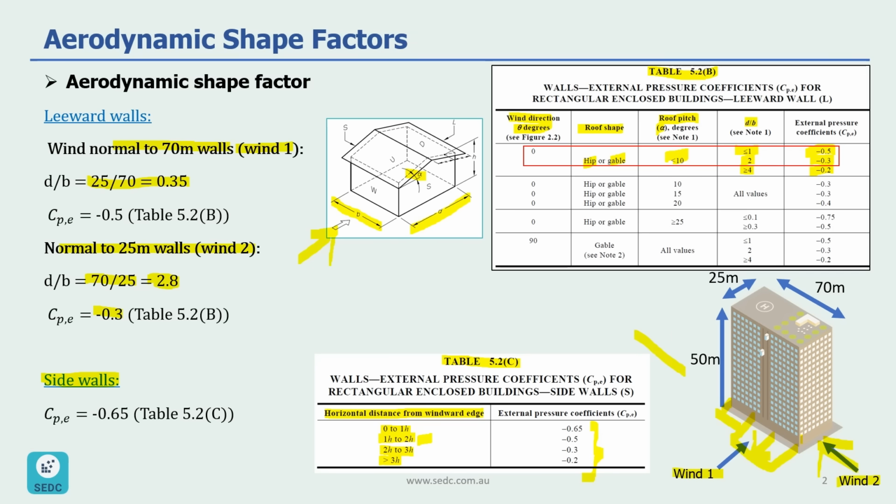It would be in both directions. So in the other case, if we look at the other direction, then we will have the bigger load in this side and then less load on the end part. So for this reason, I'm going to take the bigger value, which is negative 0.65 for the side wall.